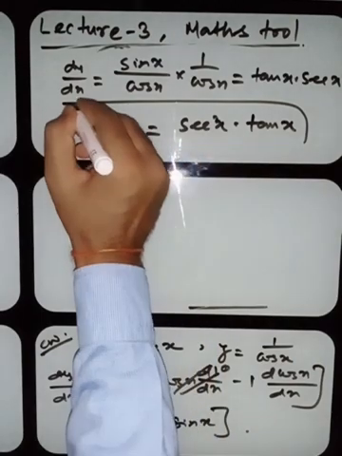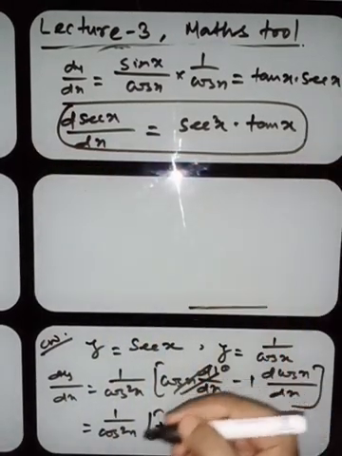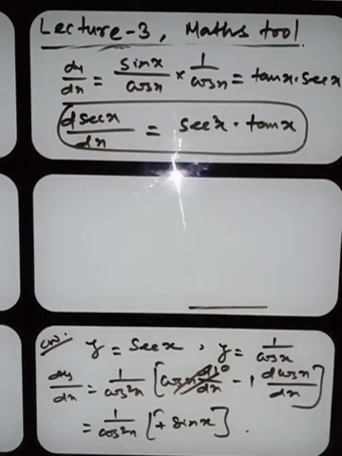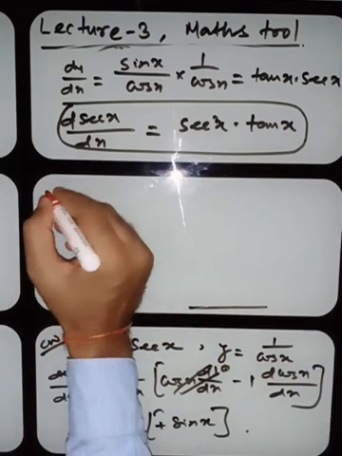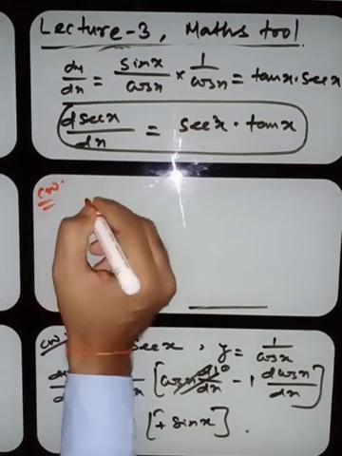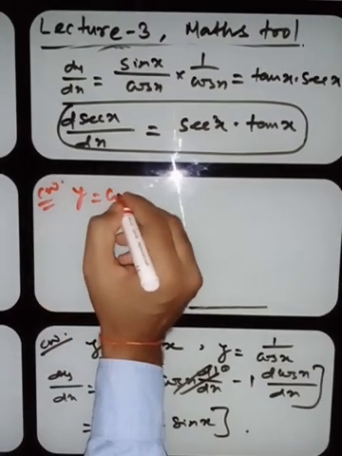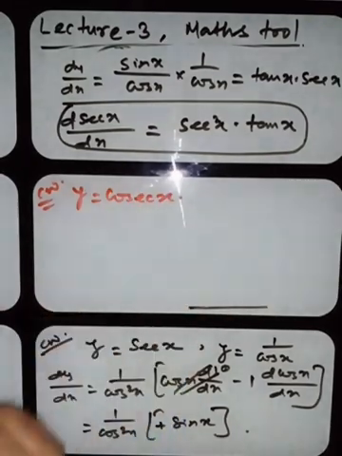This will be your formula. Okay, now the next formula, let me derive. It was y equals cosec x.